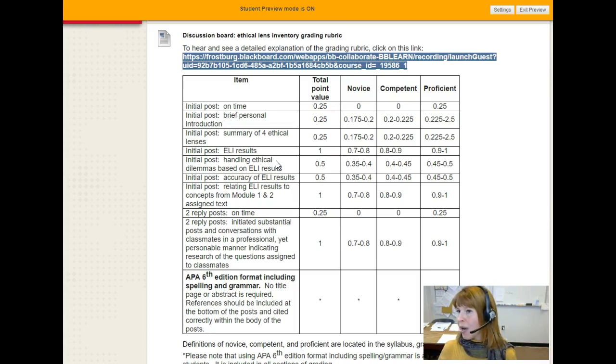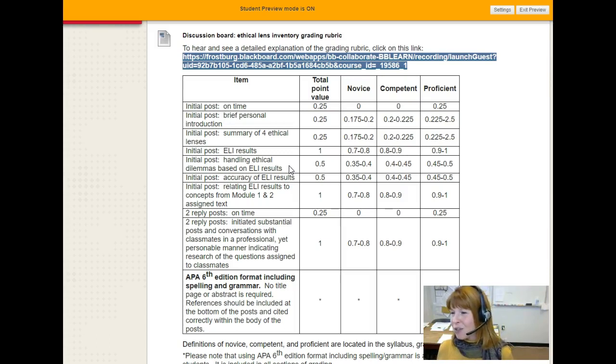How do you handle ethical dilemmas based on your ELI results? This part of the post is worth a half of a point. Still pretty significant, so don't ignore this. And I don't know why, but this part of the initial post is the one element that students tend to not address at all. I don't know why it's missed.